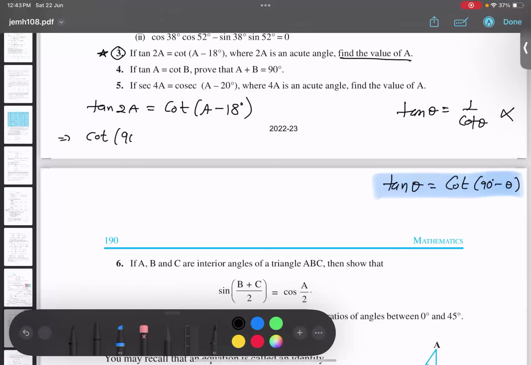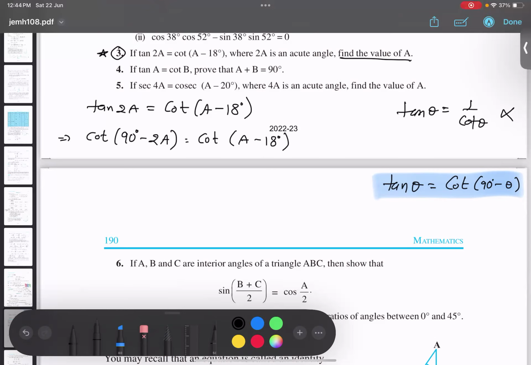Cot 90 minus 2A. If it is 2A, I will write 2A. If it is theta, I will write theta. If it is something else, I will write that. Fine. So cot A minus 18 degree.